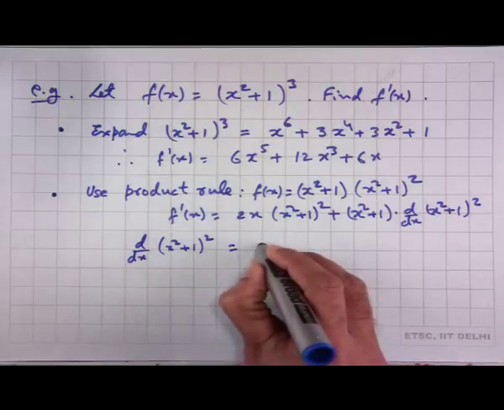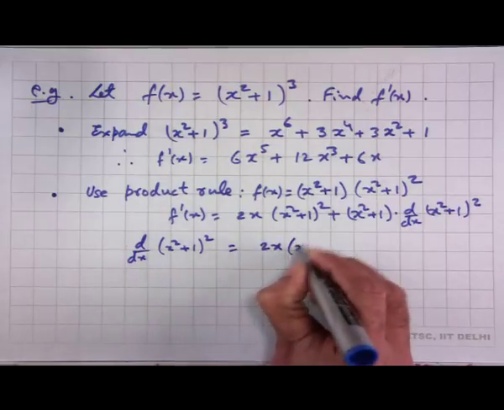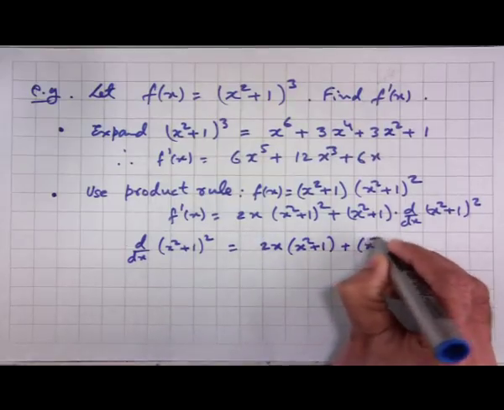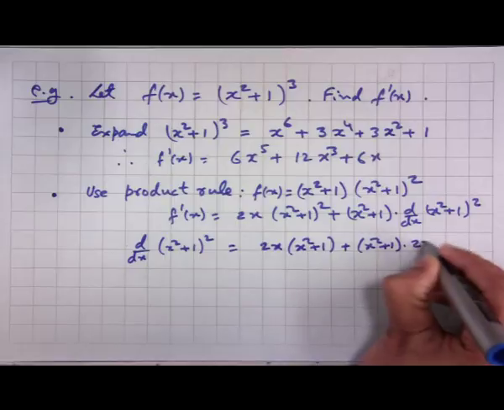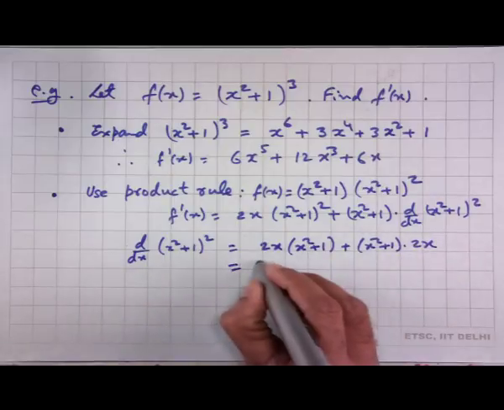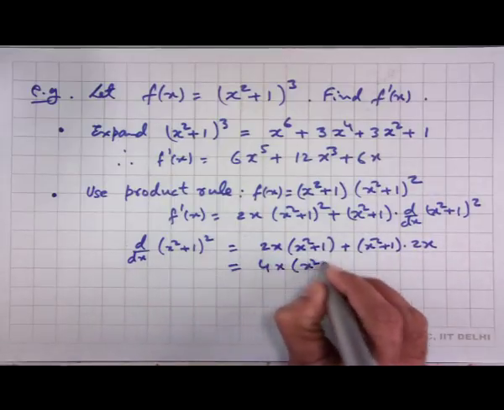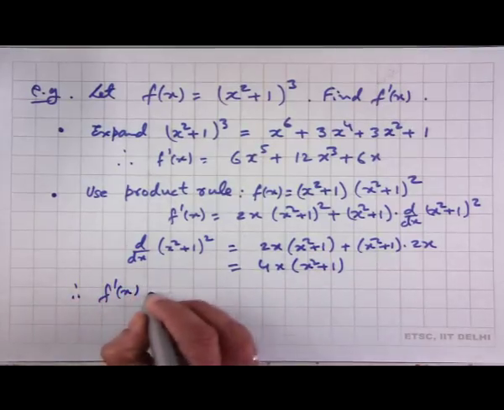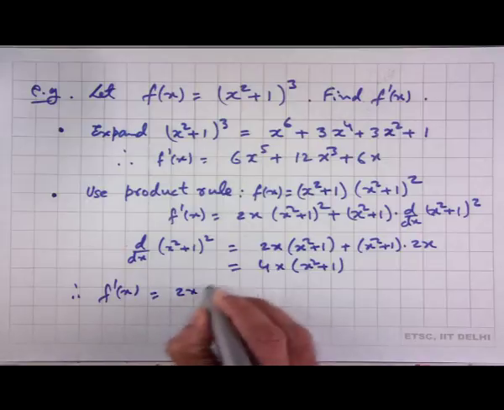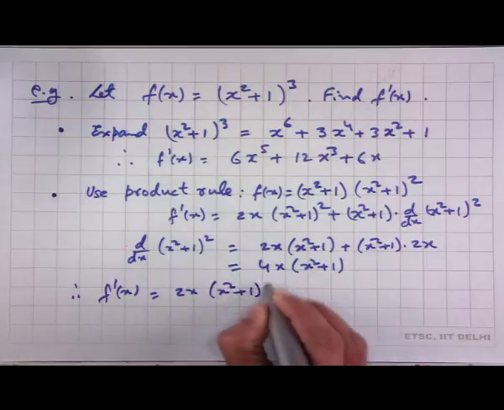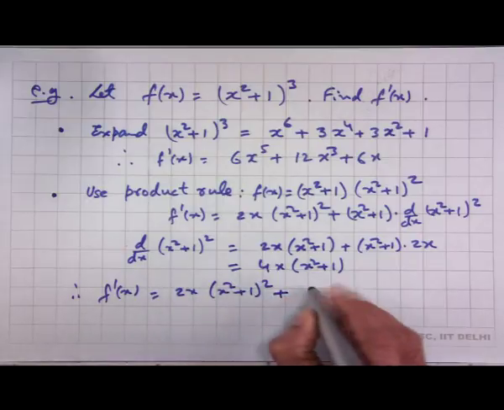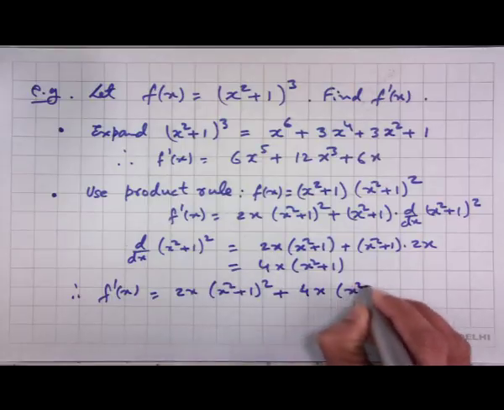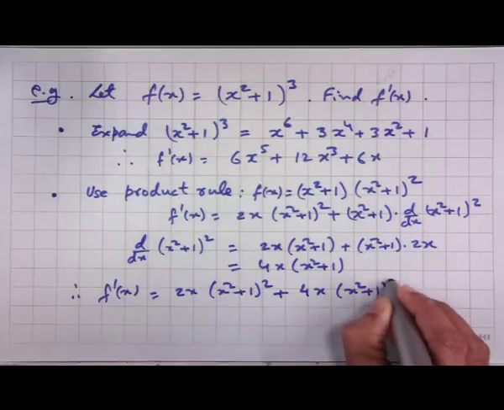So, this is 2x times x square plus 1 plus x square plus 1 times 2x, which is equal to 4x times x square plus 1, and therefore f prime x is 2x times x square plus 1 square plus 4x times x square plus 1 square.